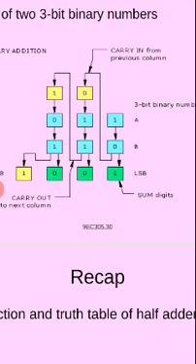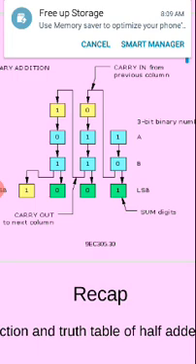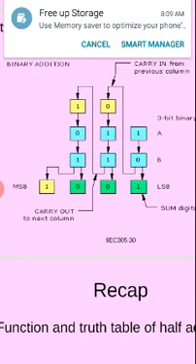We are adding 1, 0, sum is 1. 1, 1, sum is 0, carry 1 is generated. 0, 1 and carry 1 becomes 1, 1. It is 1, 0. 0 here and carry forwarded. Sum digits we get 0, 0, 1 and carry out is 1, that is the MSB.